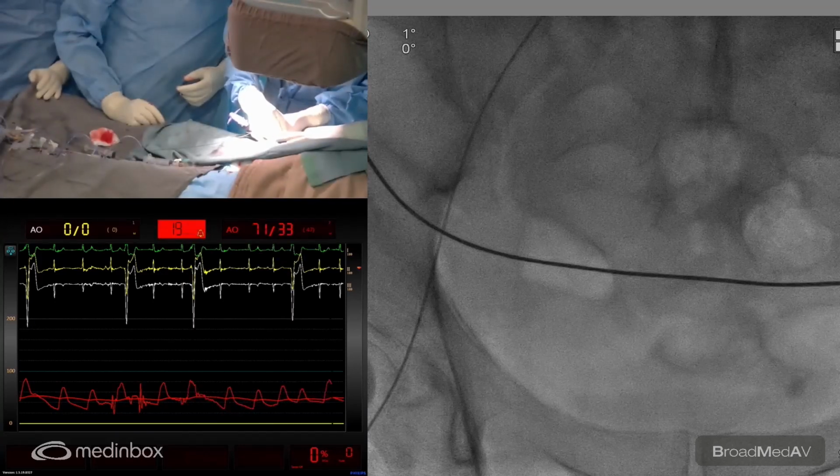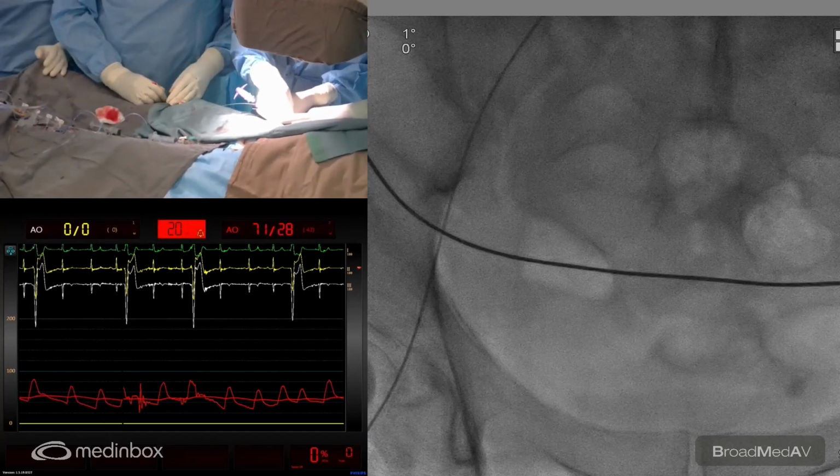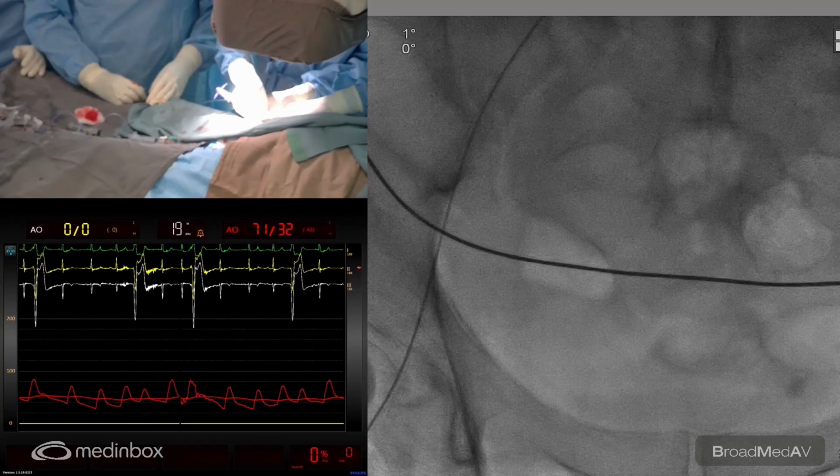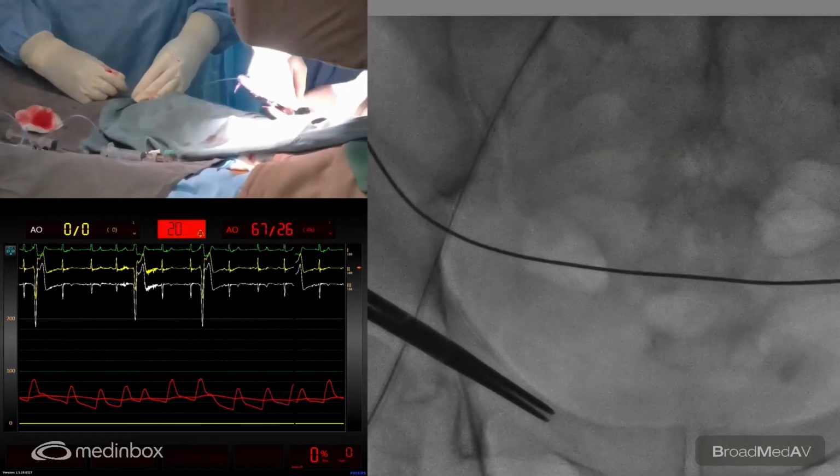We use both angiography and ultrasound for these, and now again he's got the wire in for the second one. Check fluoro. ProGlide. Okay.